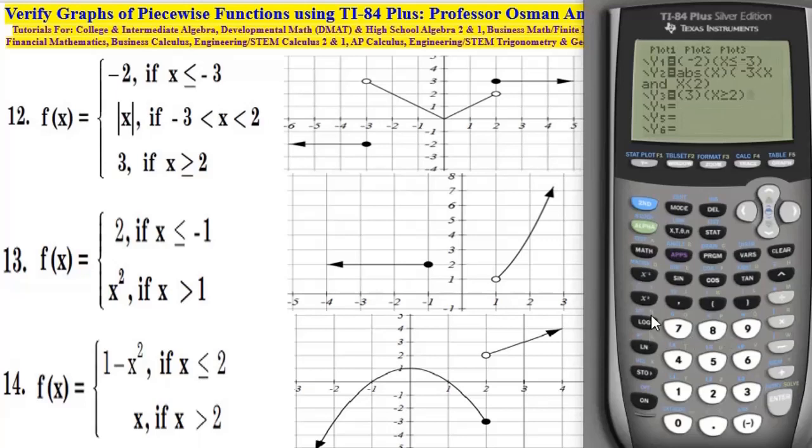Okay. We'll adjust the window, the x value from minus 6 to 6, and the y values from minus 4 to 4.